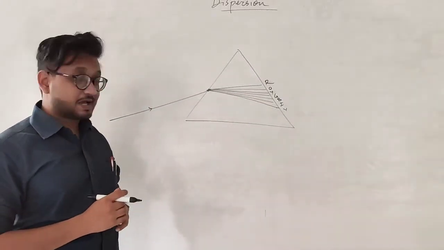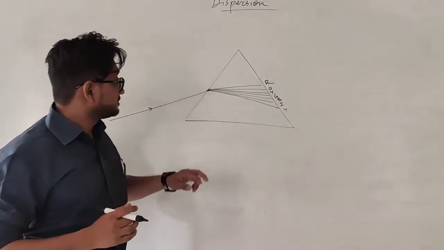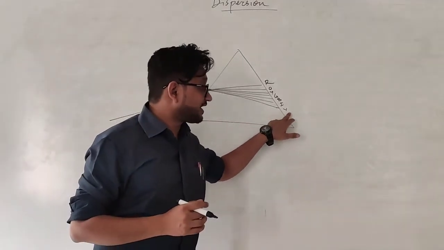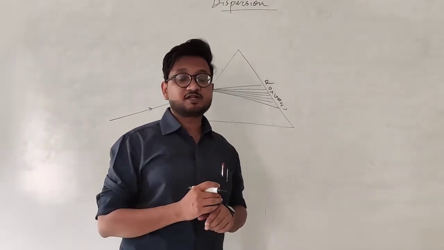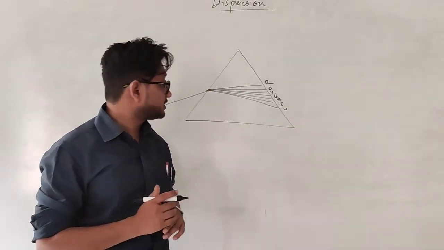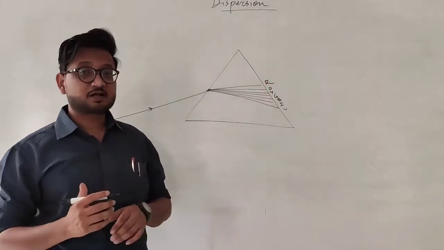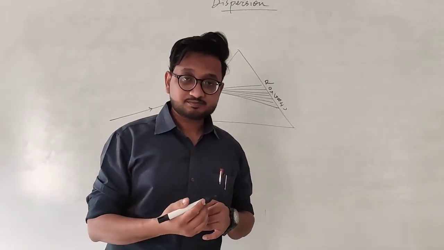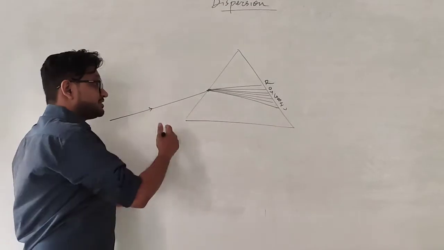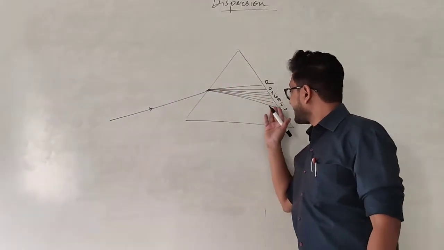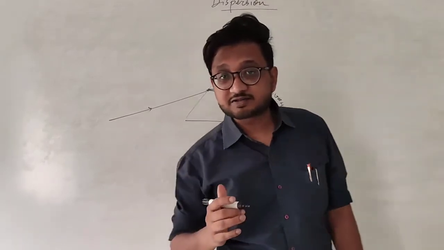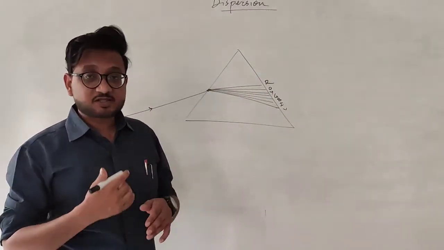Now why does this happen? It's because the wavelength of the violet color is the smallest, and the wavelength of the red color is the maximum. When light enters from one medium to another medium, the violet color is affected the most.